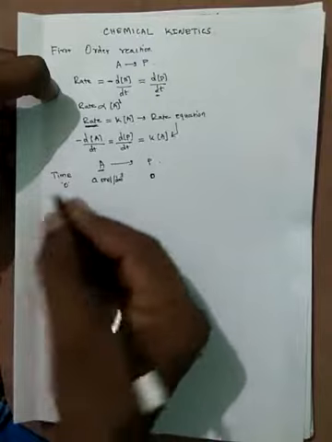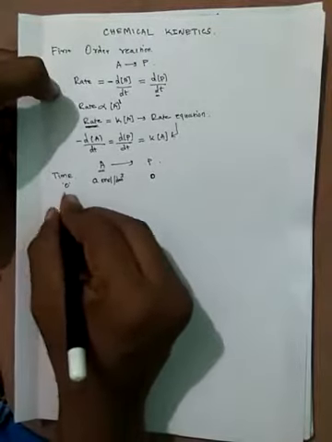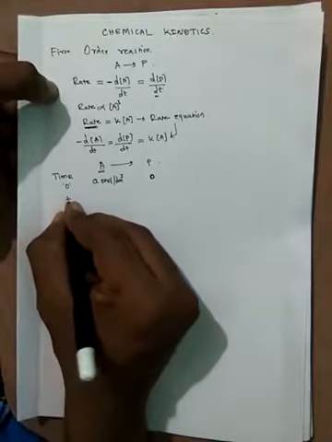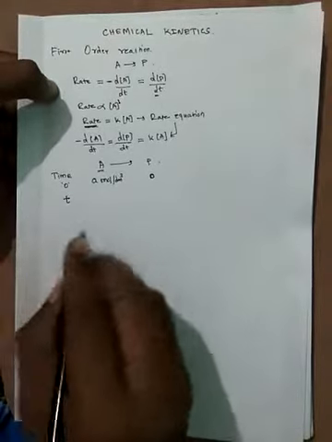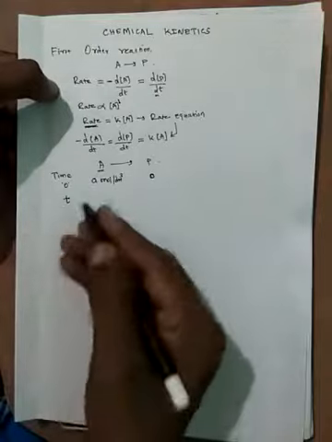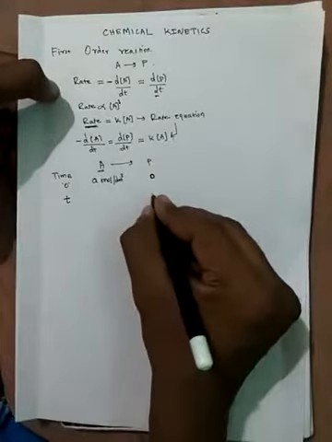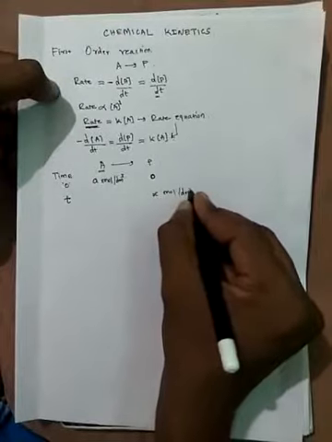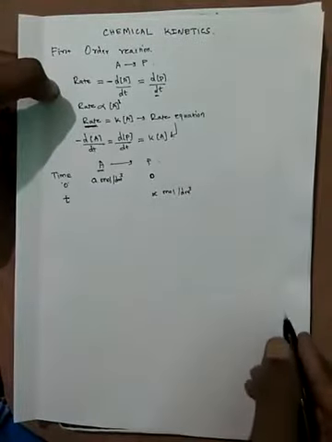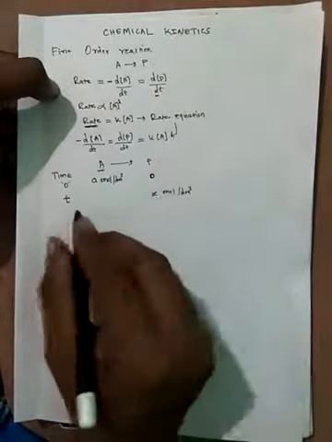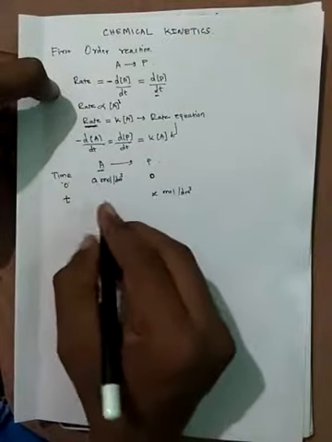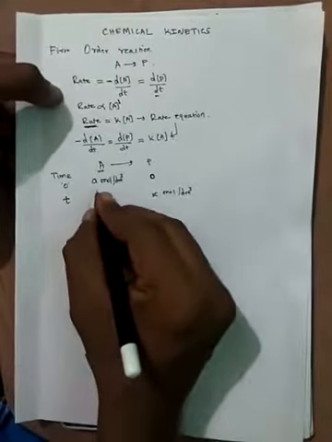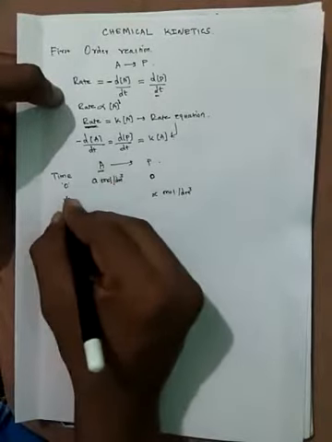And after some time, say time t, the reaction has started. After some time, x mole per decimeter cube of product is formed. And how much reactant will be there in the reaction mixture unreacted at time t?